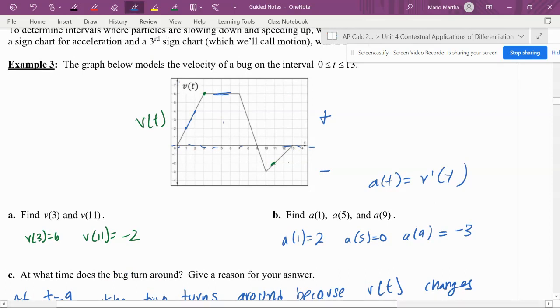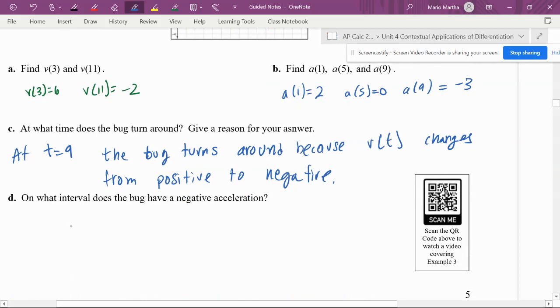If you look at the graph here, the values of v of t start to decrease, and then the acceleration turns negative. So we can say a of t, which equals v prime of t, is less than 0. That means velocity is decreasing, and it's pretty much in the interval from 7 to 10.